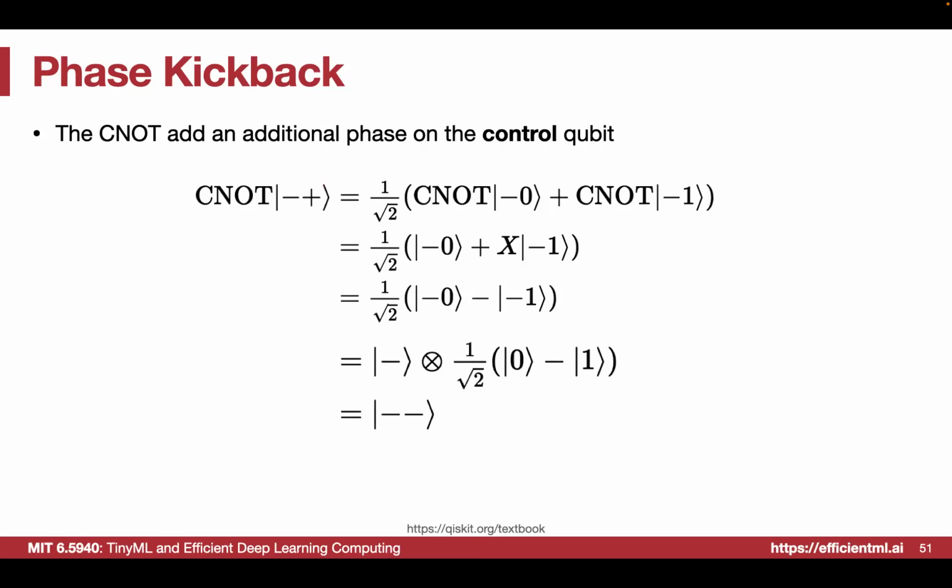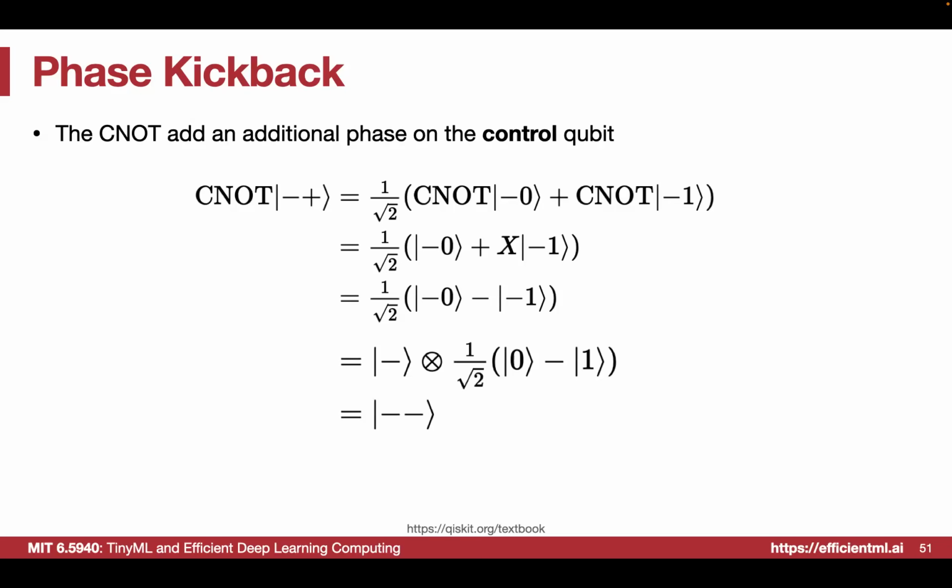So what we're trying to say is that the CX can add an additional phase on the control qubit, right? In the classical domain, if we use a bit to control another bit, typically the original bit will not change. Otherwise, there would have to be some feedback to change the original one.